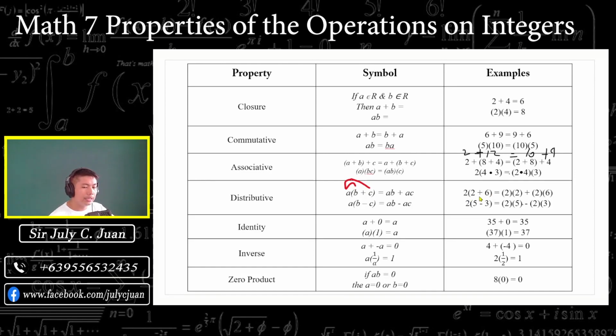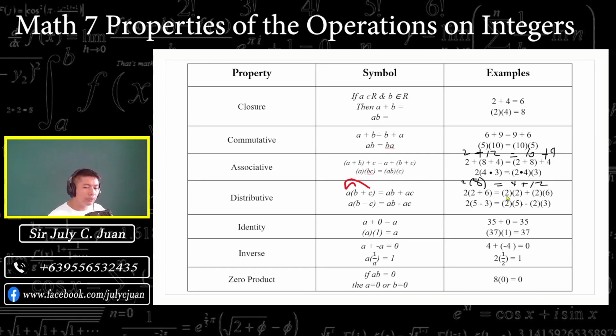Kasi ang ibig sabihin niyan ay distributive, i-distribute mo yung 2. 2 times 2 is 4 plus 6 times 2 is 12. 4 plus 12, that will become 16. Tama? Okay? So 4 plus 12 equals 16, or that is 2 times 8, which is 16. So 16 ang lalabas.